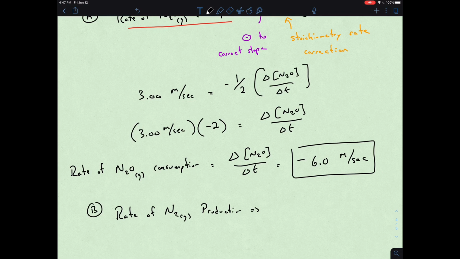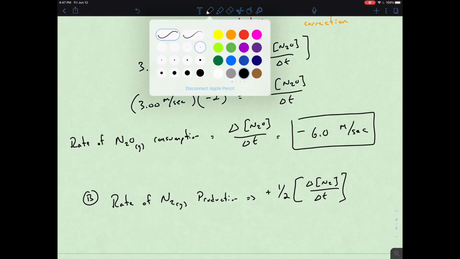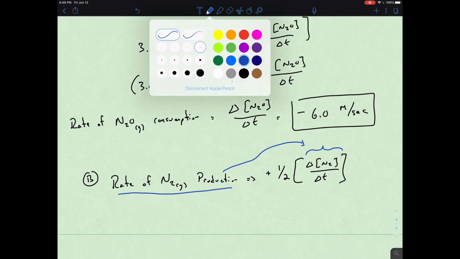And so that would be equal to plus 1/2 times our change in concentration of nitrogen over our change in time. Right, that's how that responds to the overall rate of nitrogen production in this piece of the rate expression, but we have to relate that to the general rate that we have.